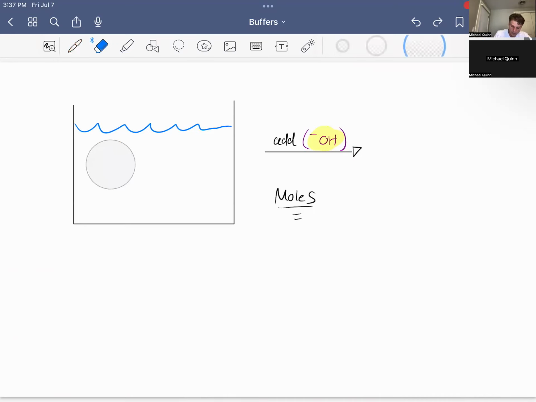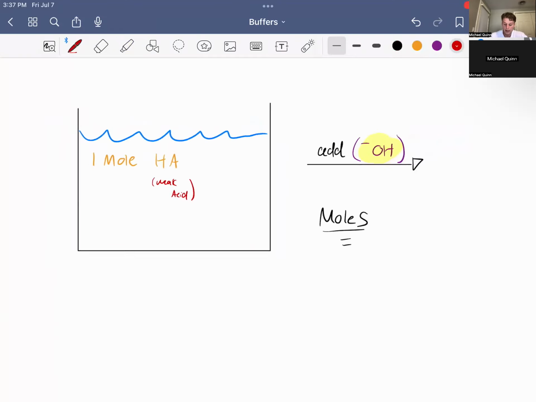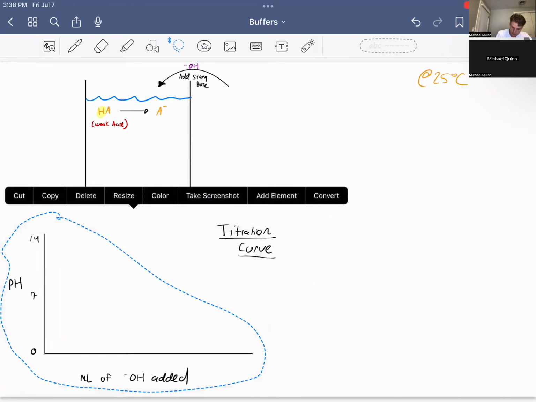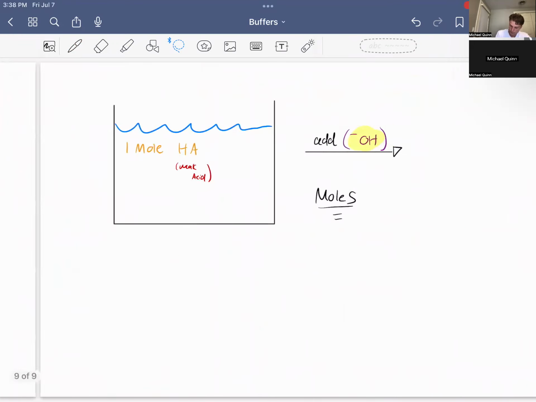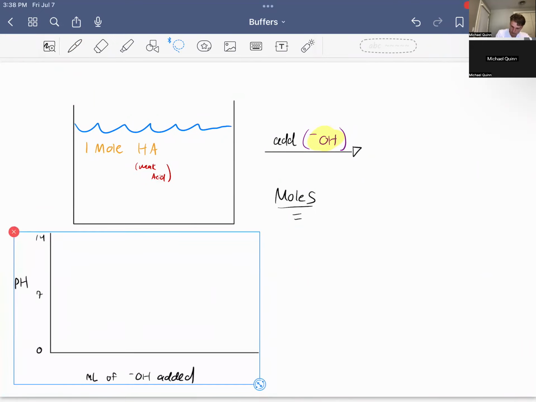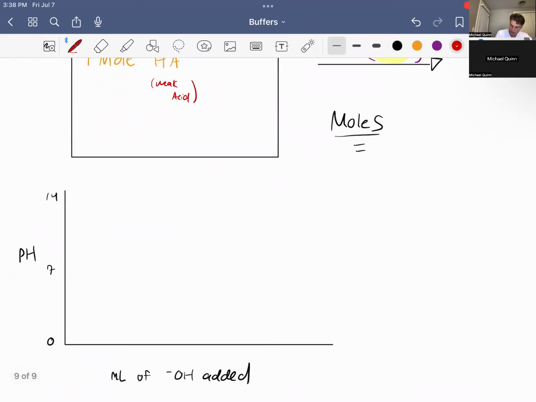So let's say that we start with 1 mole of our weak acid. So let's say with our titration curve, keeping track, that we want to add 500 milliliters of our base.